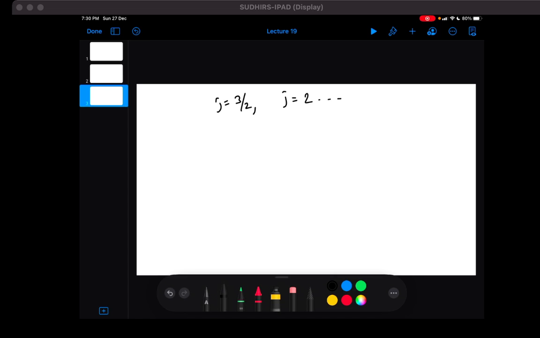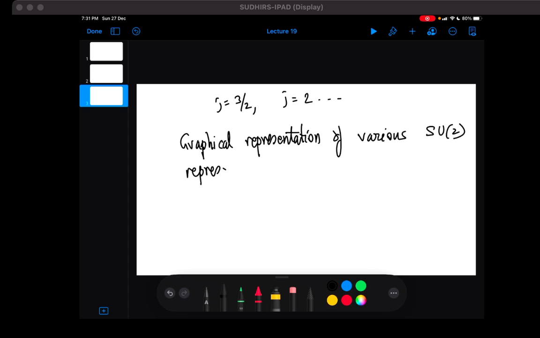Now, there is a very nice way, which will be useful for us later on, of presenting these representations. All this set of irreducible representations can be presented in a nice manner in something called the graphical representation. So let's look at these graphical representations.